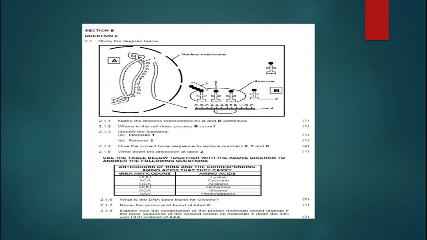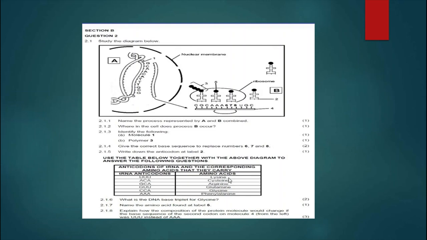We're going to use the same sequence from mRNA to tRNA. You don't have to write the DNA. From AAA, A pairs with U, A pairs with U, A pairs with U in RNA. So the answer is UUU. So let's look at the tRNA on the table. We have UUU, and the amino acid for UUU is lysine.